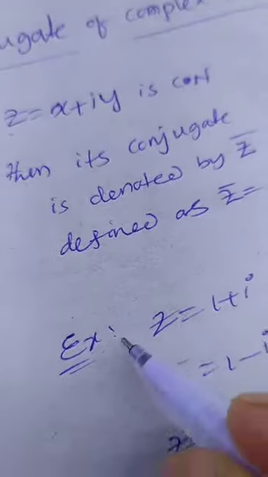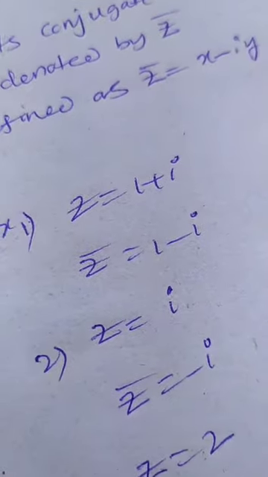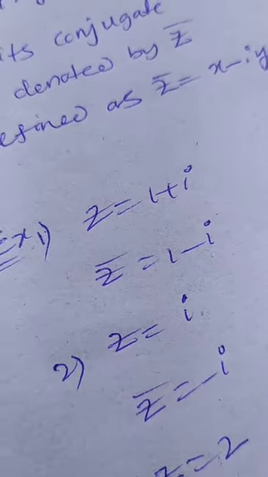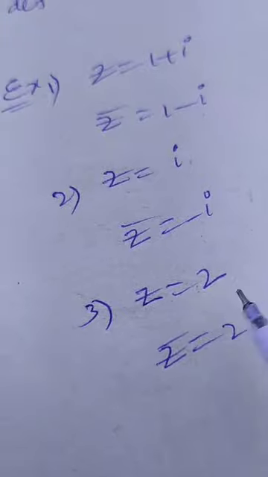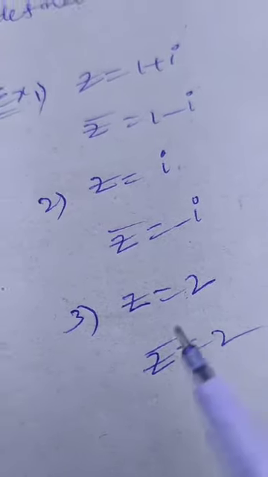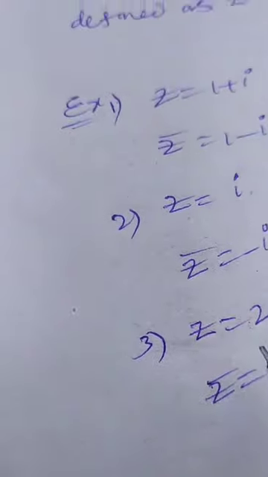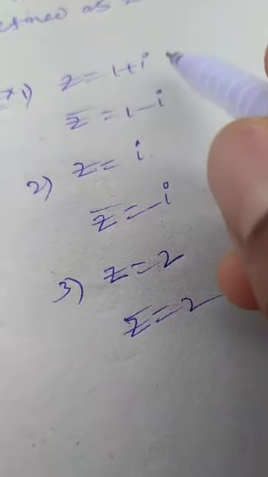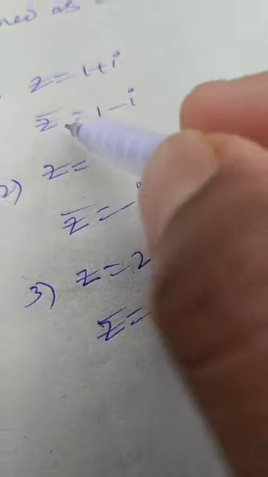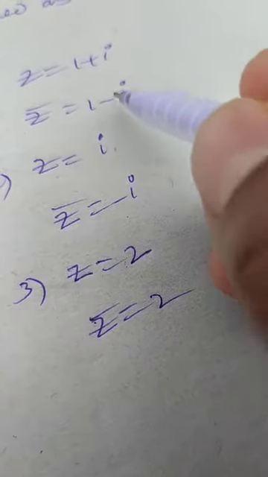Suppose I take examples like 1, 2, 3, only a real part, then z bar will again be the same real number. If a complex number has only a real part, you will get z bar as the same number. If z has a real part and an imaginary part, then z bar will be different. In front of the imaginary part, you will get the opposite sign.